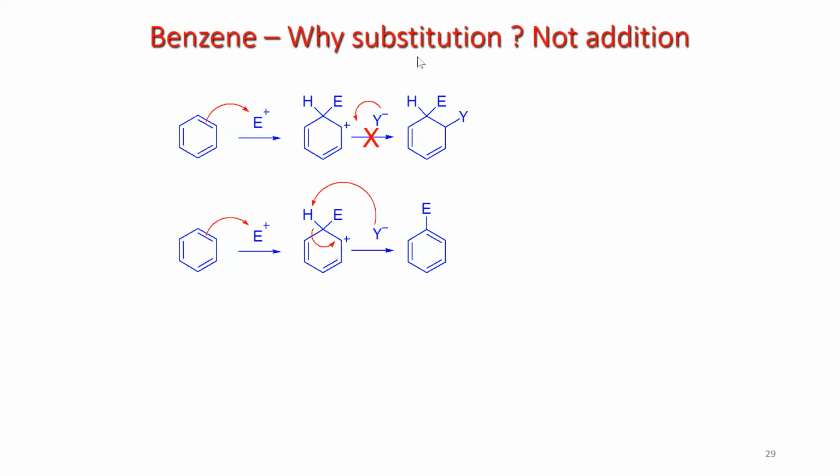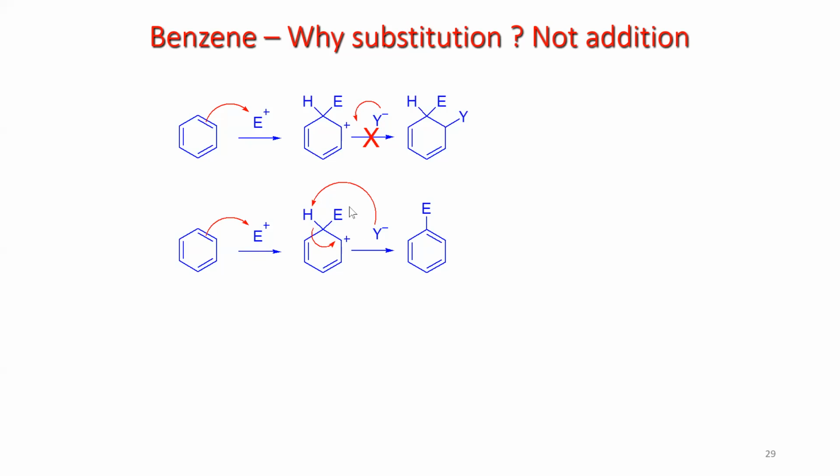So instead of addition, benzene is undergoing substitution. Sorry, I was mentioning the wrong word earlier. This is addition actually. Double bonds open up and the electrophile adds, right? So addition does not take place at all. But actually, the reaction the benzene is undergoing is substitution.